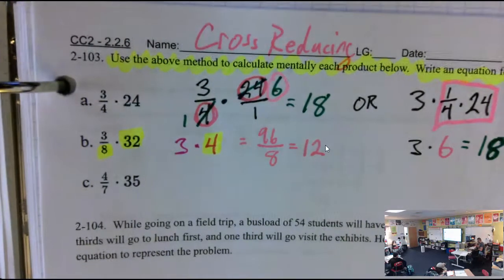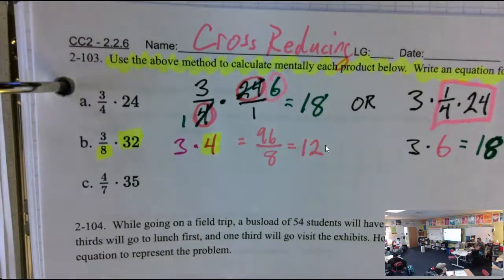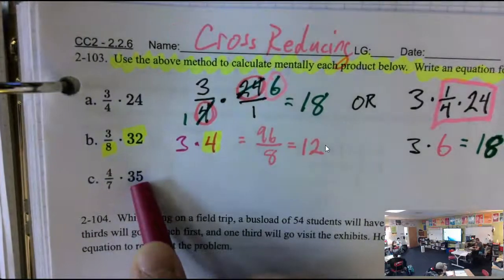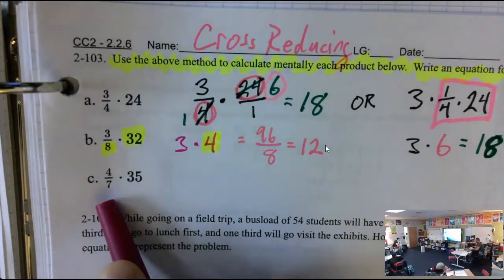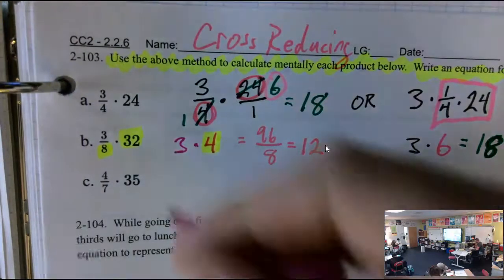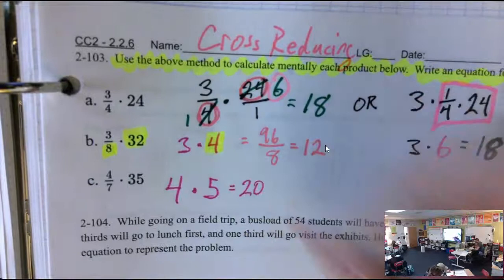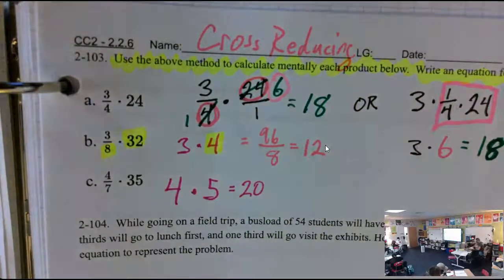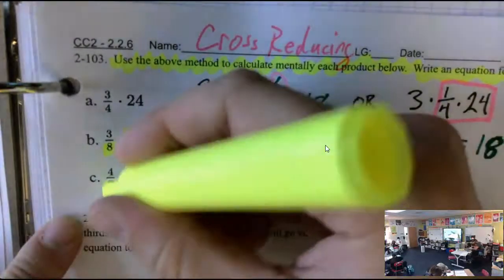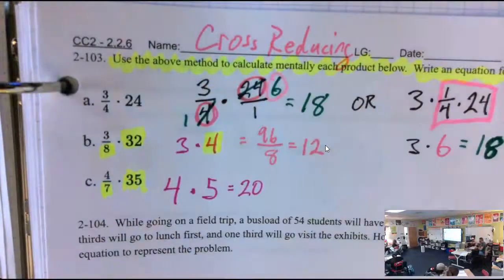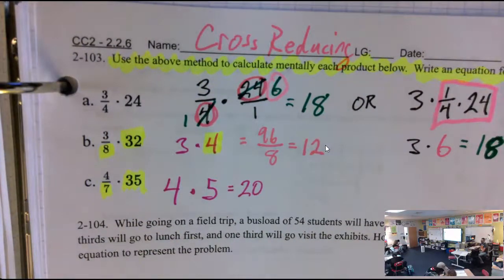Sometimes you just don't feel like it. So, what's 35 divided by 7? 5. So this really becomes 4 times 5, and it's 20. Because we can do the division before we do the multiplication, because they're the same thing.